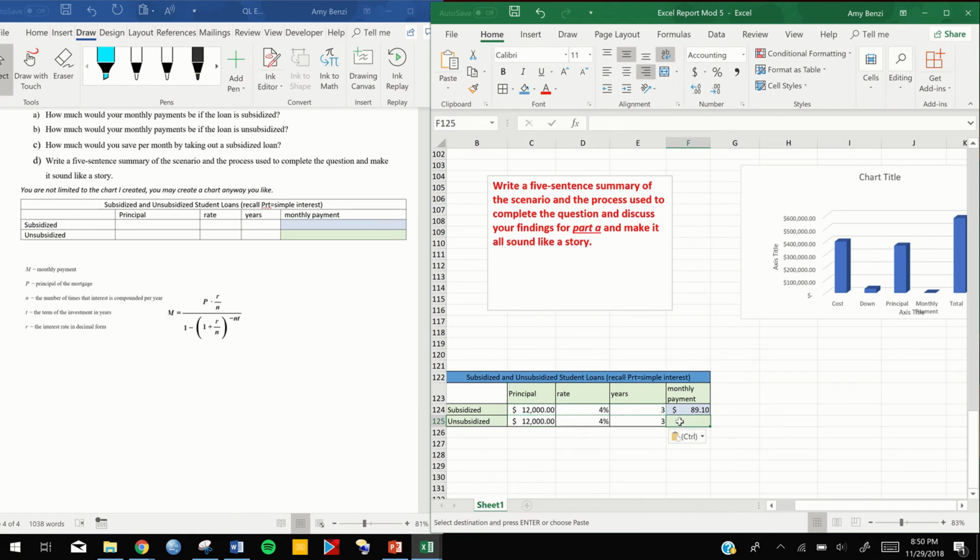Now, what's different about a subsidized loan? Guys, when you pay back a subsidized loan, you start paying it back right then and there. Your loan is interest free for the entire time that you're in school. What happens when you take out an unsubsidized loan is that you actually have to pay interest on those 3 years.